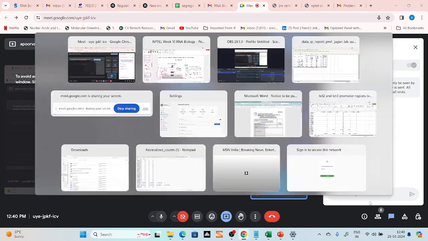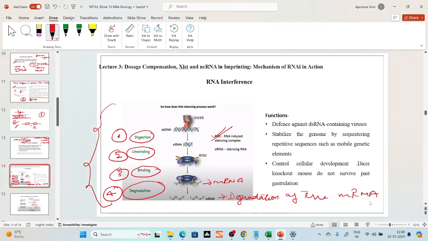Okay, fine. It's clear. So this is the process by which RNA interference is achieved. Now comes the question: what are the functions of this RNA interference? Why is mRNA silenced? We all know that when transcription happens, it is an energetically expensive process.